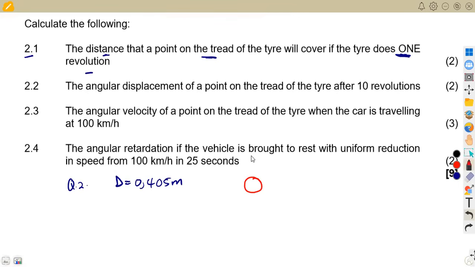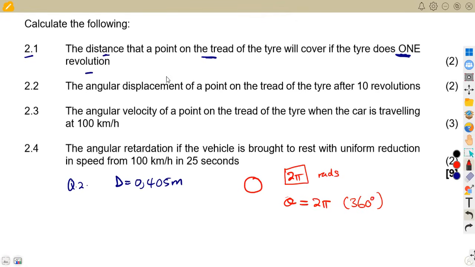That is a complete revolution. The 2 pi radians represent the angular displacement, that's your theta. In degrees, this is equal to 360 degrees.